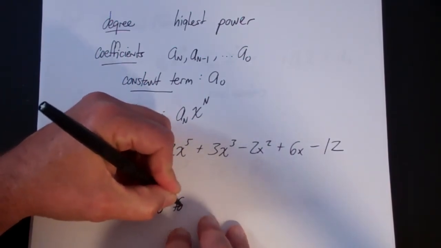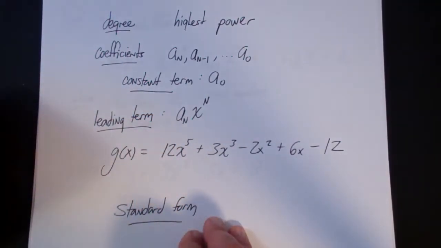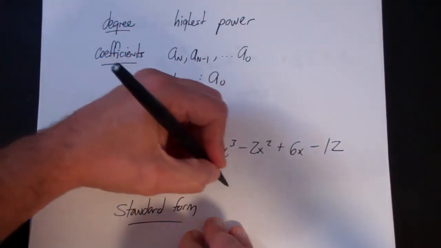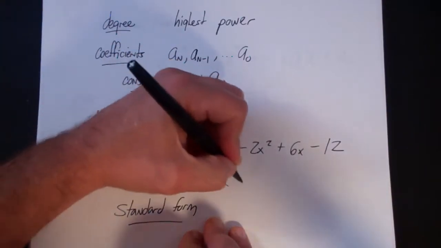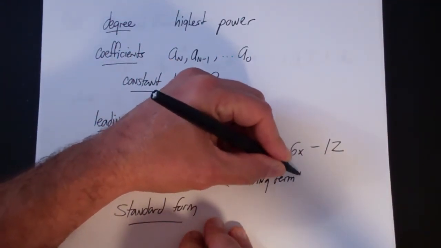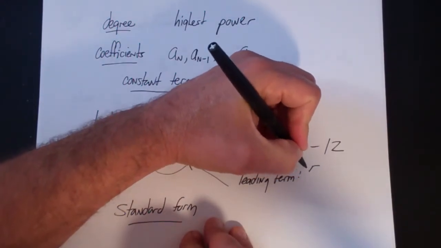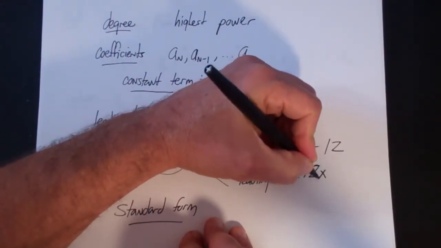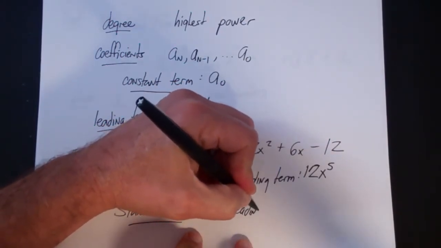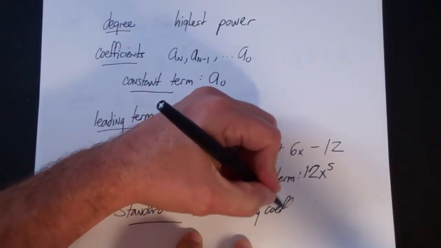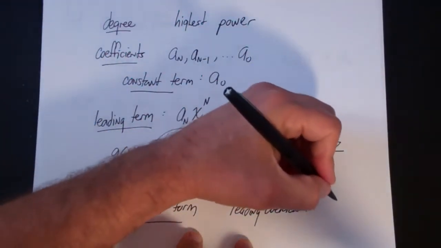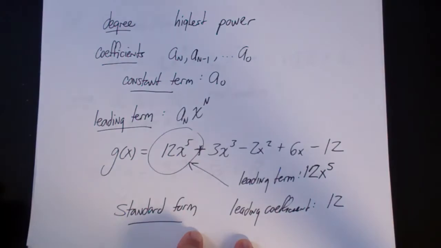And almost always in textbooks, you'll see them written in standard form. If you take the term with the highest power, that's called the leading term. In this case, the leading term is 12x to the fifth, and sometimes they'll talk about the leading coefficient. The leading coefficient in this case would be 12, a positive 12.